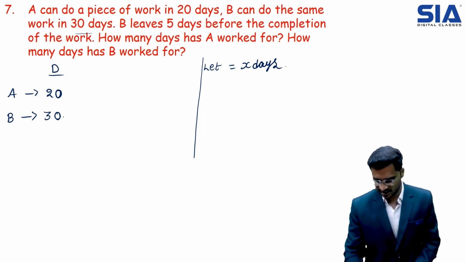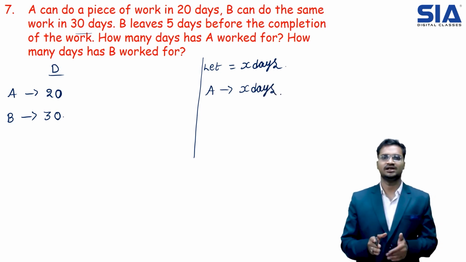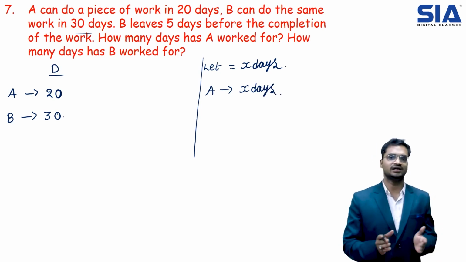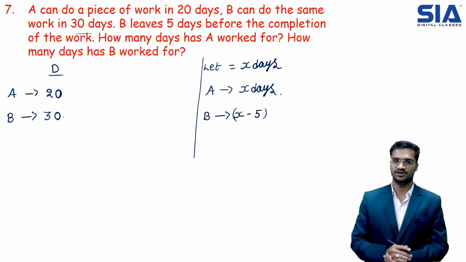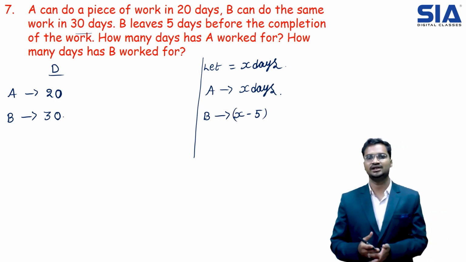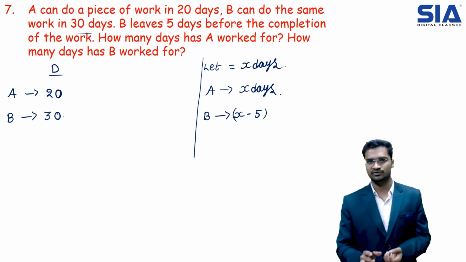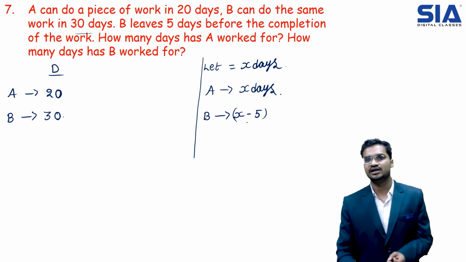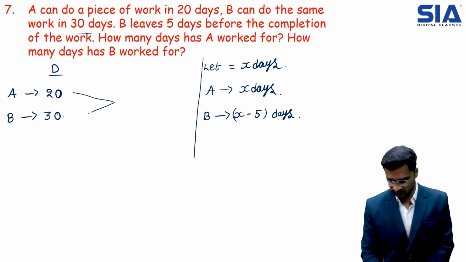So I can say that A has worked for X days, because A is in the work from the start till end. Then B is leaving the work 5 days before completion. So if the work completes in X days, then the days he worked is X minus 5 days.